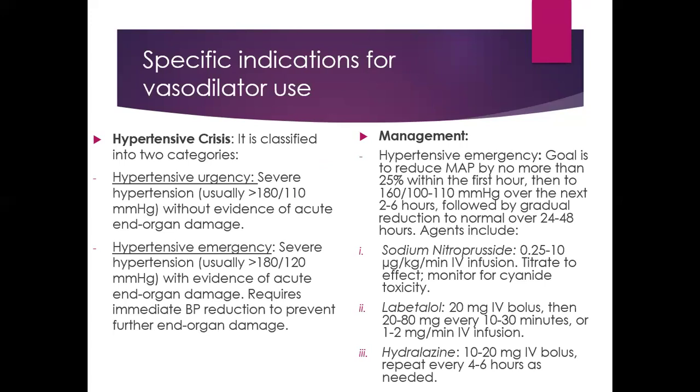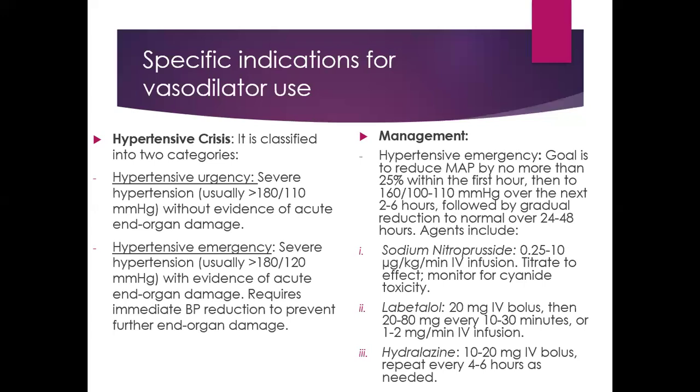Don't forget that hypertensive crisis can be divided into two: hypertensive urgency and hypertensive emergency. Hypertensive urgency refers to blood pressure greater than 180 over 110, but there's no evidence of acute organ damage. Hypertensive emergency is blood pressure greater than 180 over 120 with evidence of acute end organ damage, like renal compromise, like stroke, and all that.